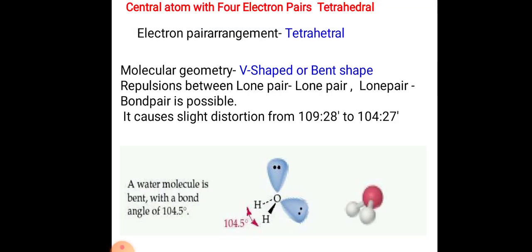These 2 are placed instead of 2 bond pairs, they are replaced with the lone pairs, and the remaining geometry is called a V shape or bend shape. Again here the bond angle reduces to 104.5 degrees. A typical example for this kind of molecule is water.